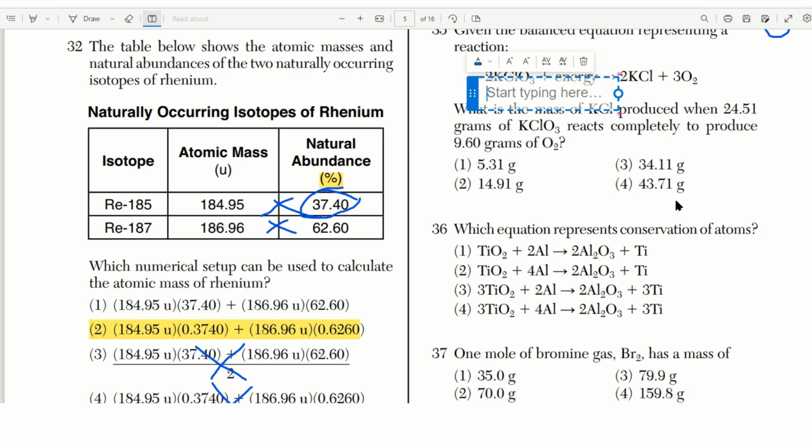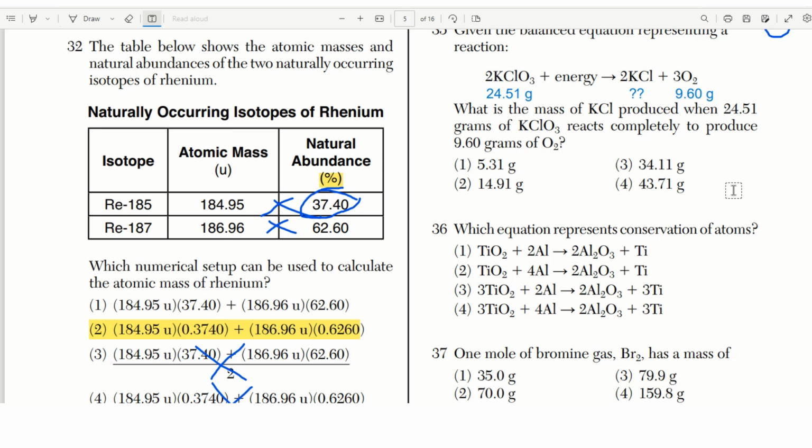So it says we have 24.51 grams of KClO3. And on the other side, we want to know how much KCl, but we know that we have 9.60 grams of oxygen.